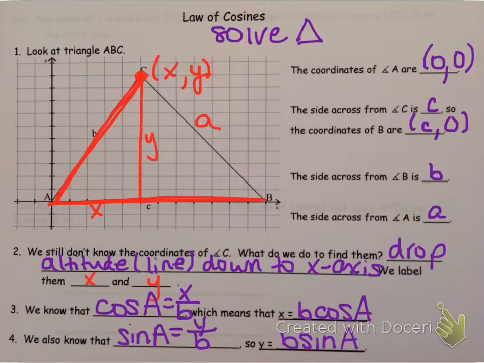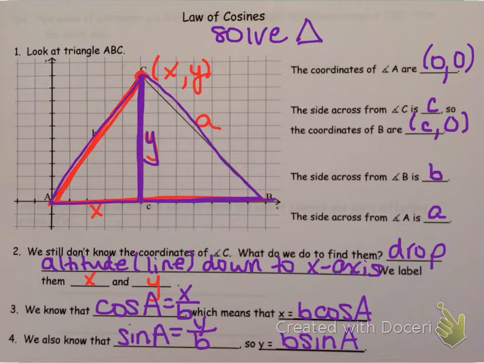But when we dropped that altitude down and made a right triangle out of the left side, it means we also made a right triangle out of the right side. And that right triangle, we would now know two of the three sides of. We would have y up here, and we have a formula to calculate y.